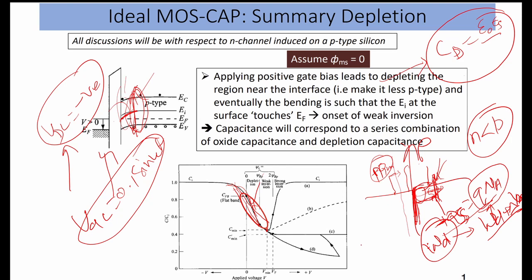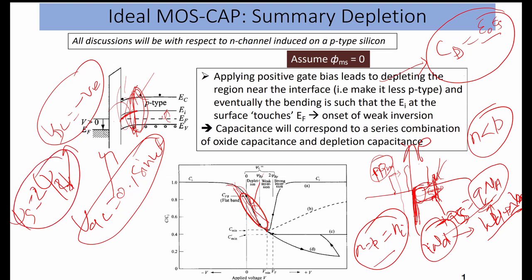At the interface n is equal to p is equal to ni when Ei is equal to Ef. But the channel is created when psi s is equal to twice psi bp. So the surface concentration of the electrons should be equal to the bulk concentration of the holes. At that time only the channel is created.